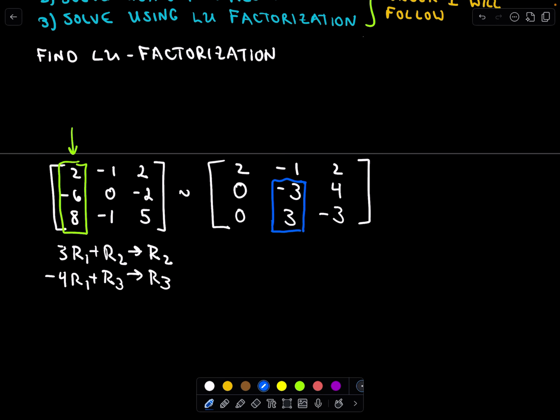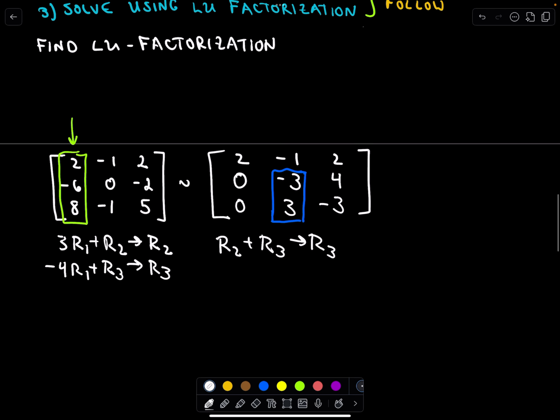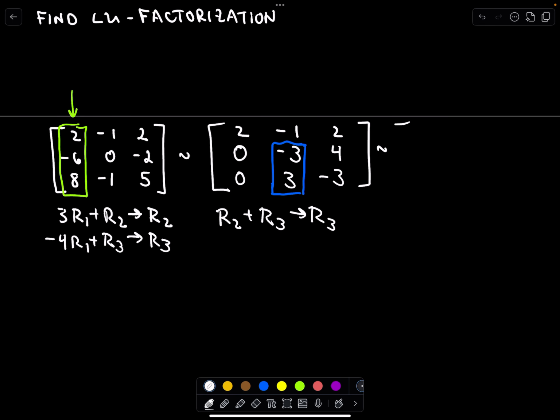So all I need to do is get a 0 down here where this 3 is. So I think the operation I can do for that is to take row 2 plus row 3 and produce a new row 3. And you'll see that, again, at the end of the day, the process that I'm performing will, in fact, satisfy those criteria.